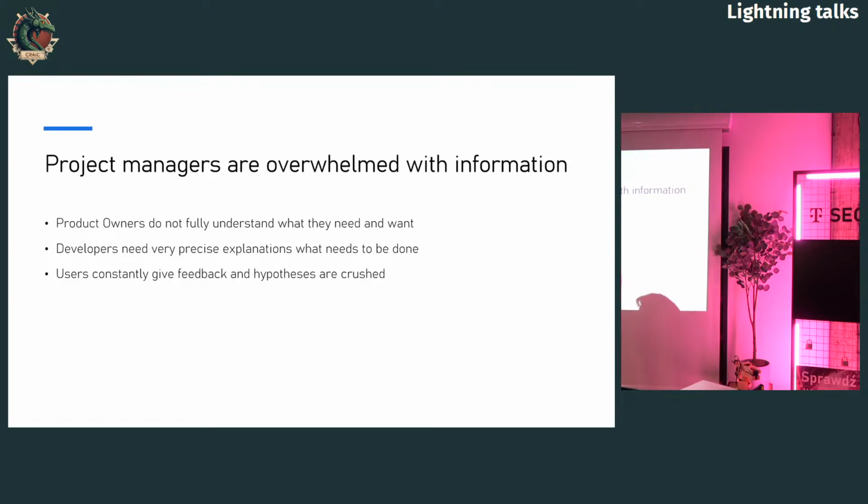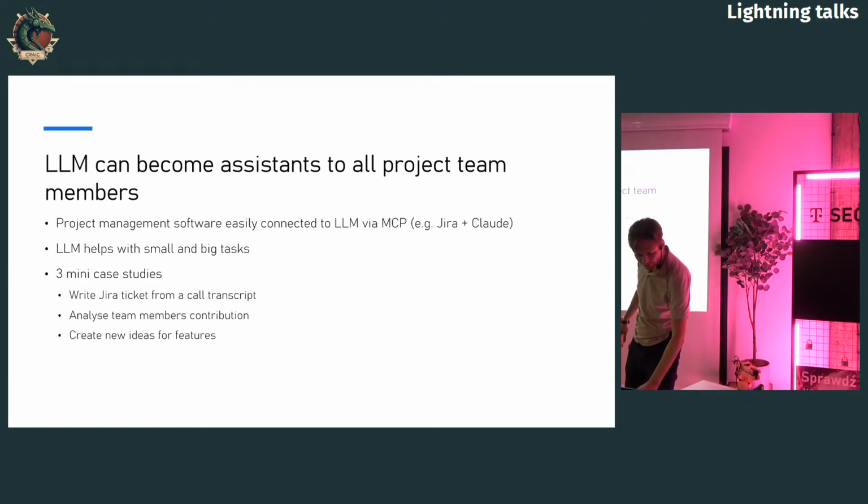And users constantly give feedback, and the hypotheses that you made about what's going to work for users are crushed all the time, because they tell you that what you invested 1,000 person hours in, we don't need this, and it doesn't work. And then users tell you we need something completely different, so it's really hard. So I have this idea of how to make LLM assistants for project managers, but also other project team members.